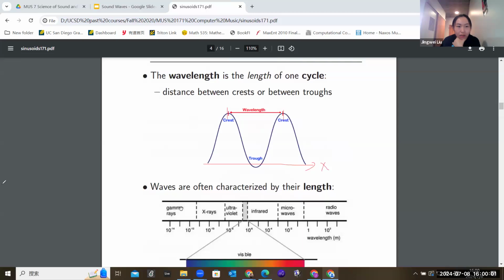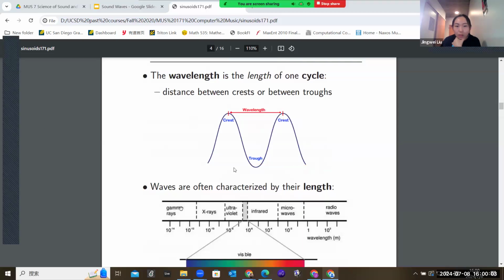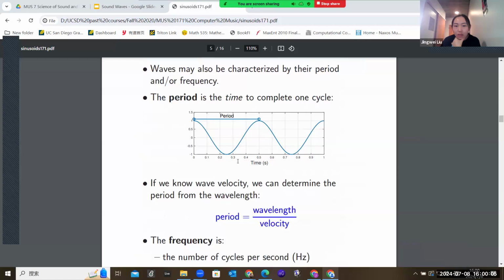And here, because in this graph the x-axis is time, the distance between two crests is period. So if we know wave velocity, which is the speed, we can determine the period from the wavelength.